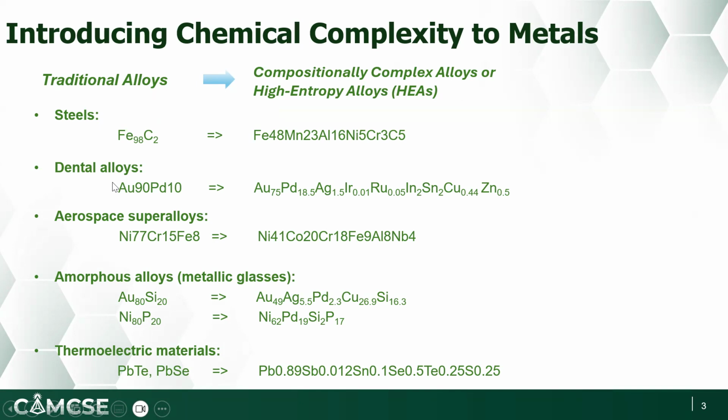The same is true for other structural materials such as dental alloys, aerospace superalloys, amorphous alloys, also called metallic glasses, and even functional materials such as thermoelectric materials. These compositionally complex alloys are sometimes also called high entropy alloys.